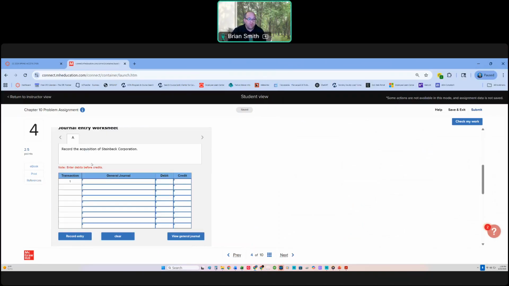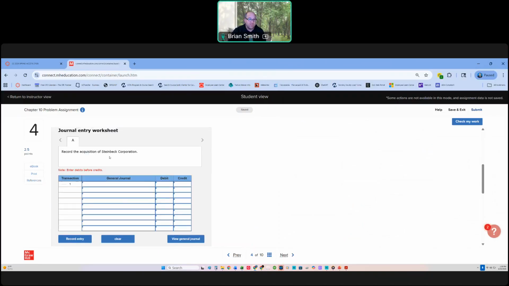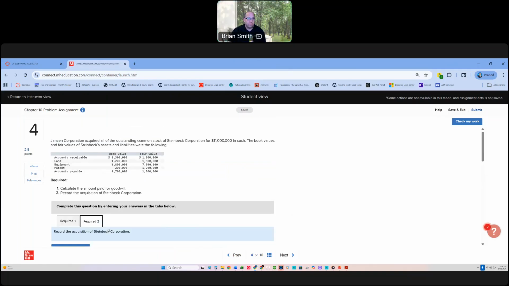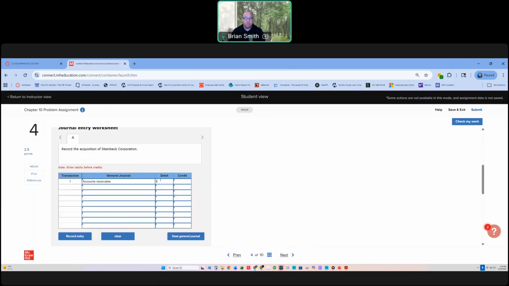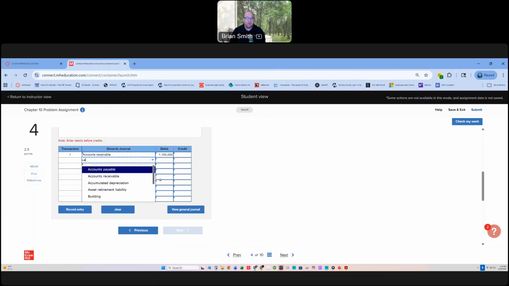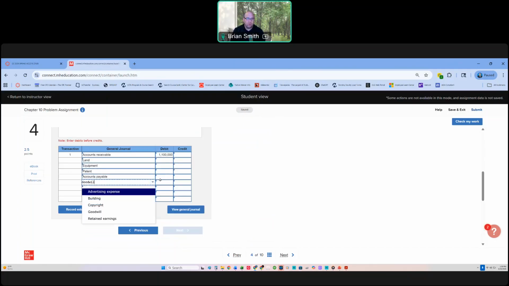And then the journal entry to record the acquisition of Steinbeck Corporation. So we're going to debit accounts receivable for 1 million. Land, equipment, patent. Accounts payable. Goodwill.